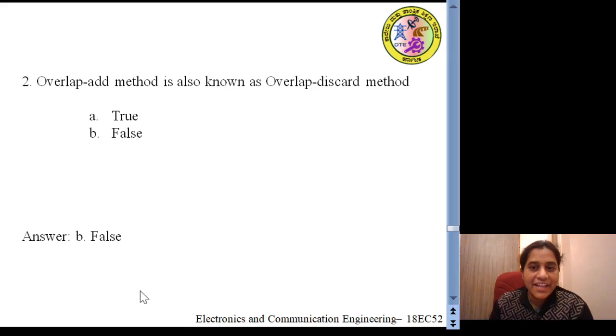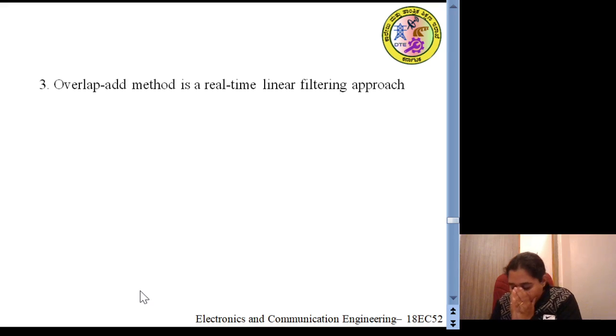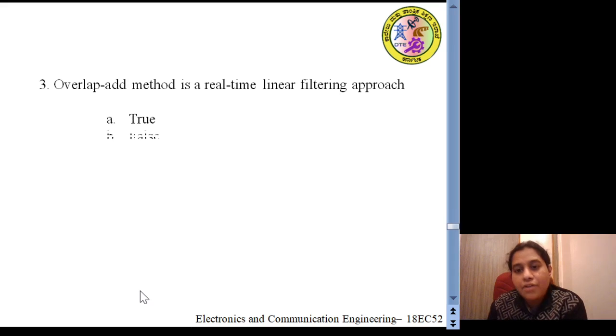Let's go to the next question. The overlap add method is a real-time linear filtering approach. Is it true or false? Yes. Why do we consider this session? For real-time signal processing applications, the output of the LTI system is obviously linear filtering.